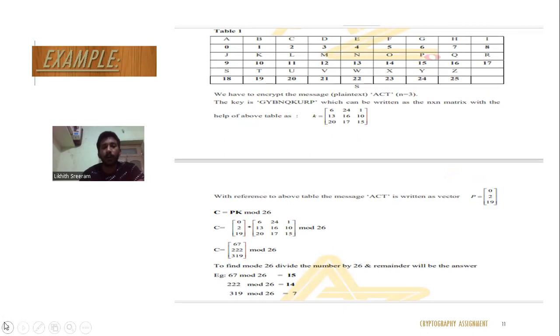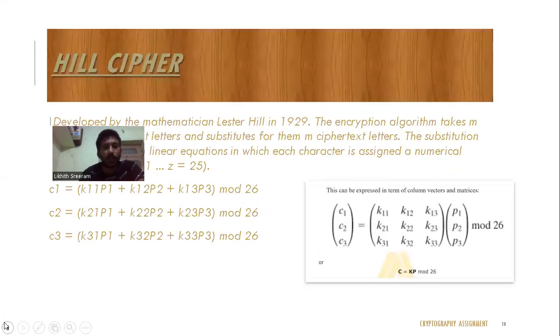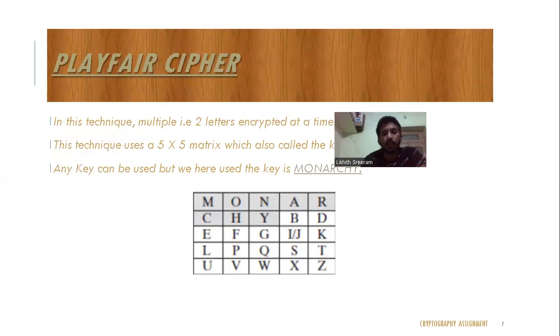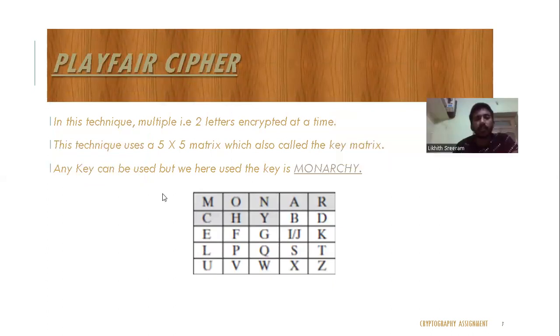So we have discussed the Hill cipher. If we go to the Playfair cipher, this technique uses a 5 cross 5 matrix, which is also called the key matrix. Playfair's cipher is also called the Wheatstone Playfair cipher.